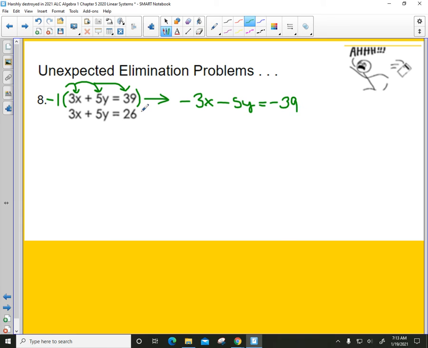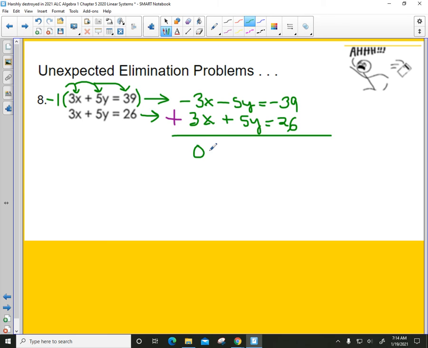All right. The next one doesn't need to be changed at all. So we're going to just recopy it here. 3x plus 5y equals 26. All right, so this is the elimination method. We're trying to get rid of one variable. Before it was ever called elimination, it was called the addition method. So we'll add straight down. -3x plus 3x equals what?